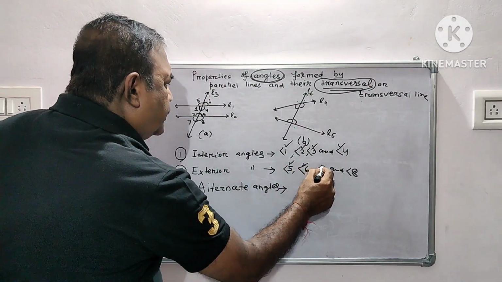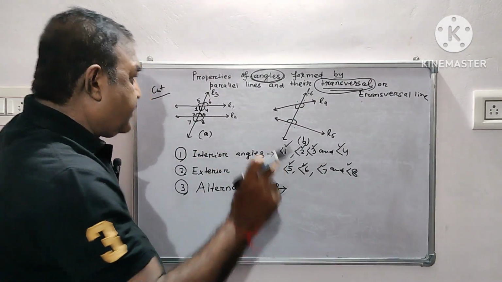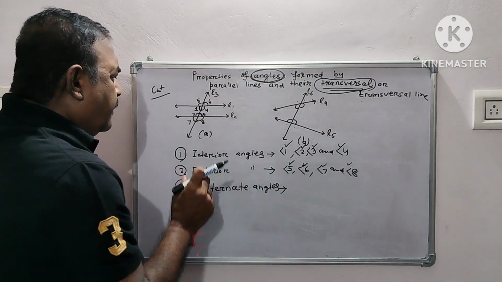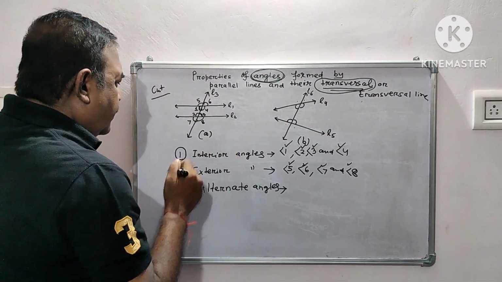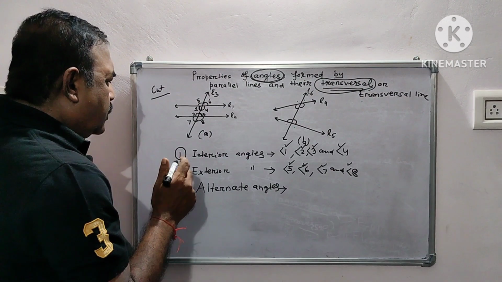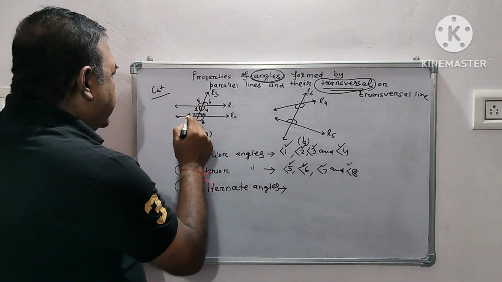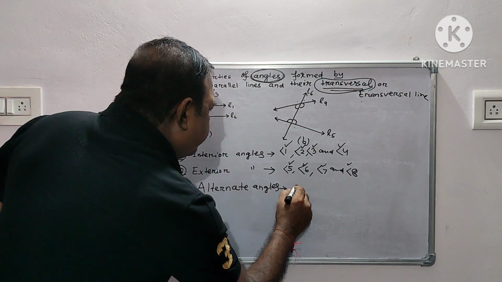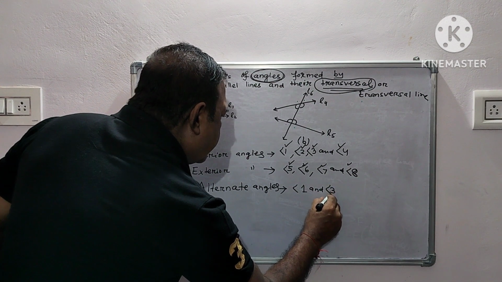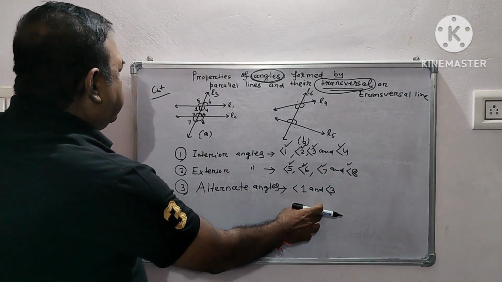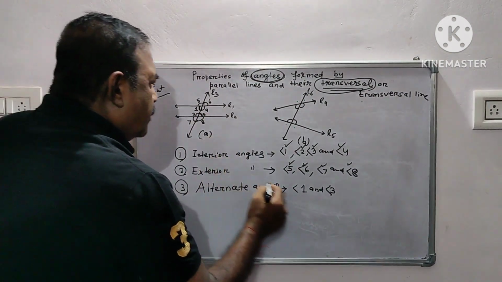These are individual angles, but alternate angles we will have to write in pairs. So one pair, the number is 2. In one pair, there are two angles which will be called alternate angles. You see, 1 and 3. It is one pair. Then you see 2 and 4, or 4 and 2.